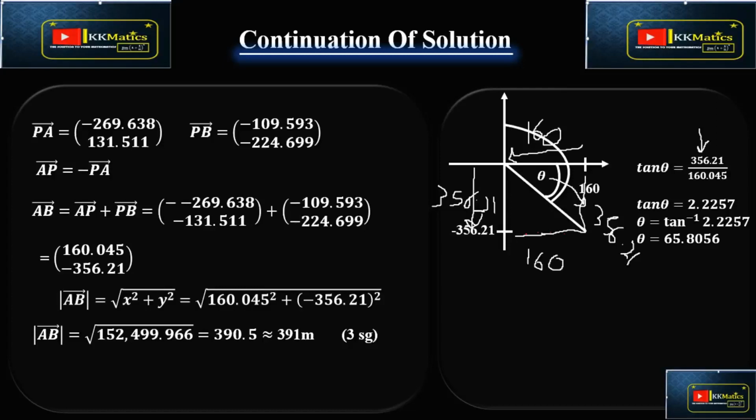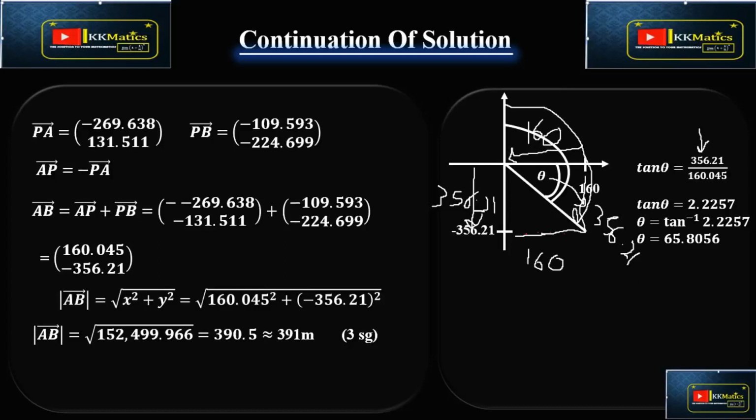65.8056. Now, after finding that, keep in mind that in finding the bearing, it's important that according to the rule of three-figure bearing, you always measure it clockwise from the north to where it falls. So from here, we measure the degree from there to this line.